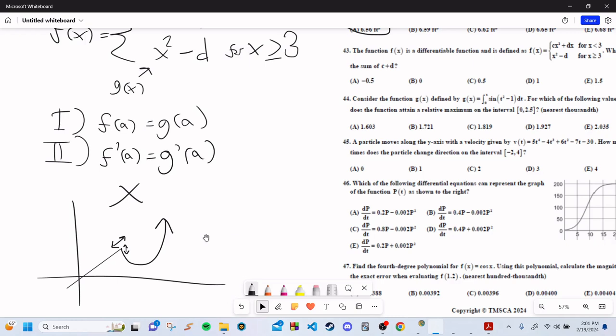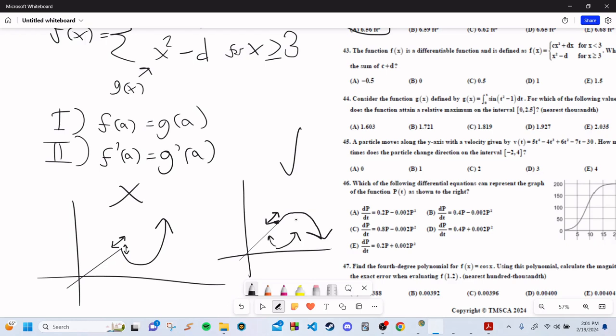It's not the same. What we would want is for it to transition nicely, so these slopes are equal at this point where the functions change.